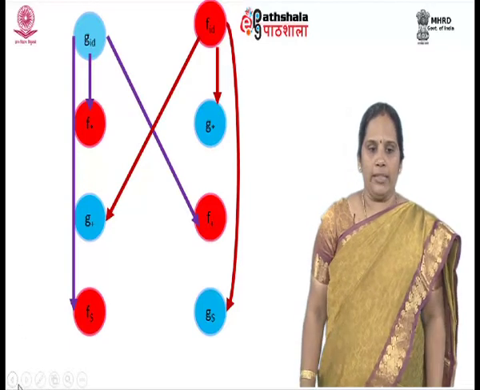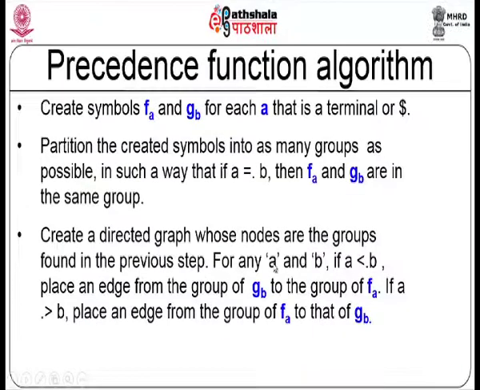The algorithm says that for any a and b, if a is less than b, place an edge from the group gb to the group of fa, if a is greater than b. So, whether I consider id to be a or id to be b, I will have to have edges from f and g respectively.